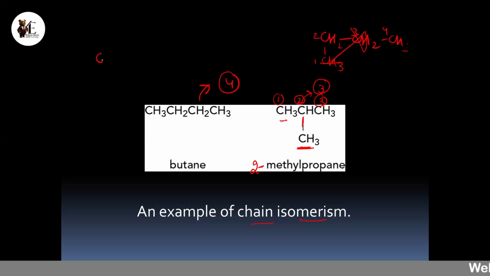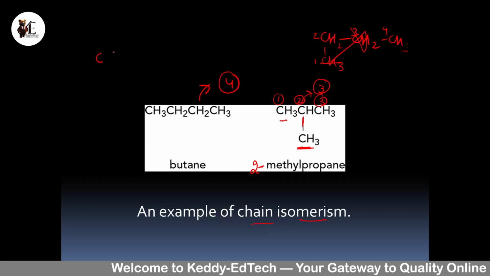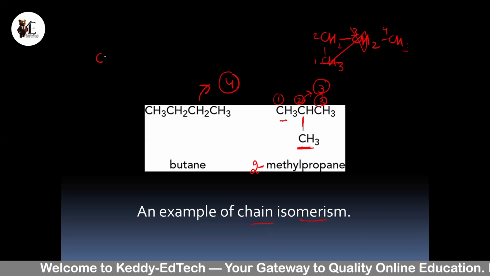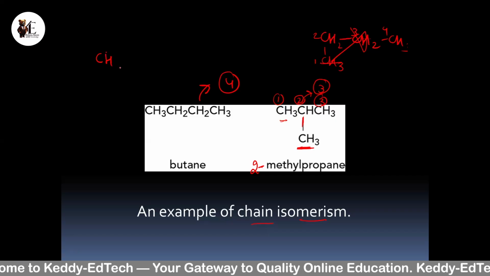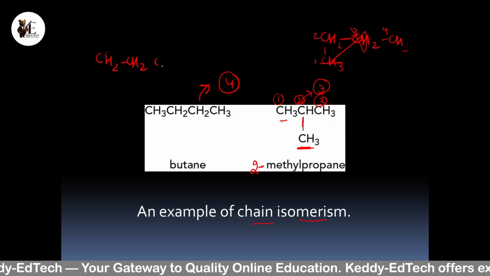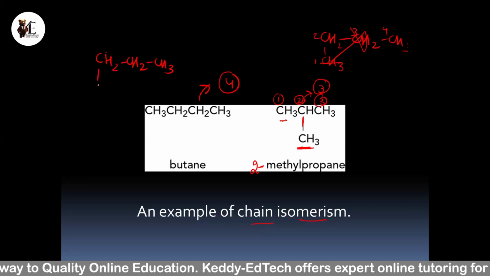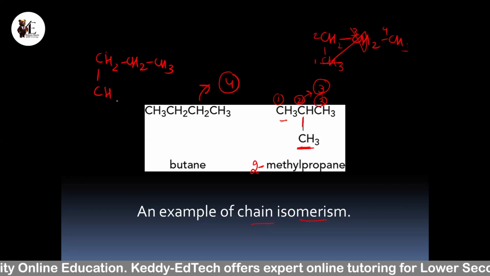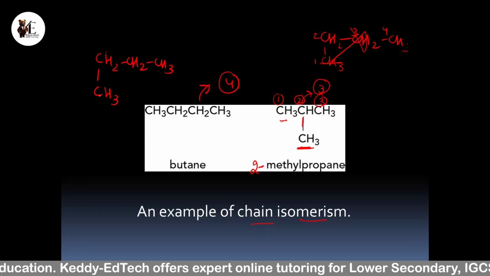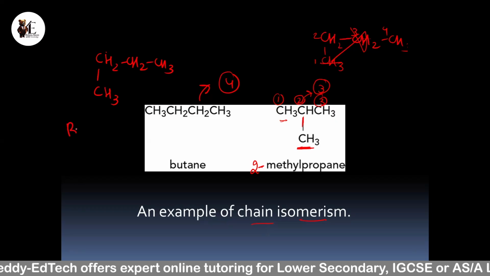See here. It is CH2, CH2, CH3, 1, 2, 3, 4. So this is not correct, because if you name this compound, it is butane only.